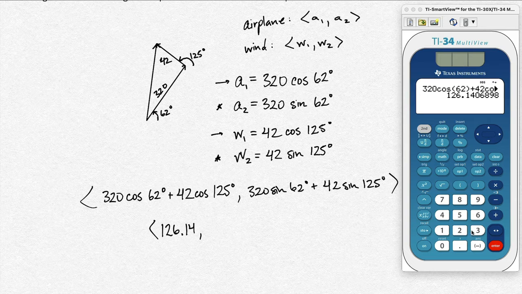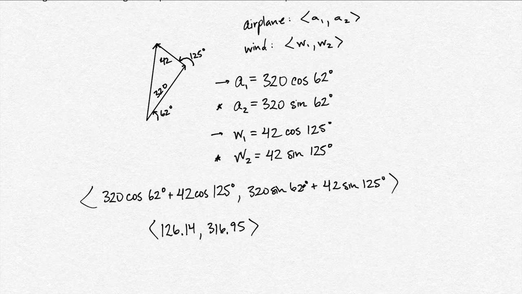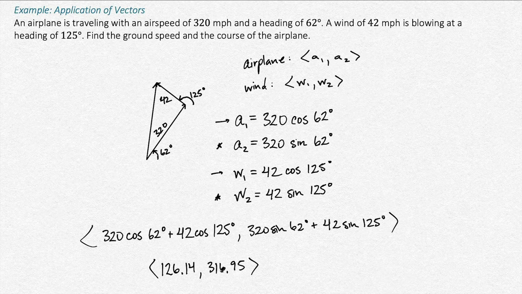Now for my second component, I have 320 sine of 62 degrees plus 42 sine of 125 degrees. Hit enter, and we get 316.95. So those are the components of the vector that is the course of the airplane after taking into account that wind.